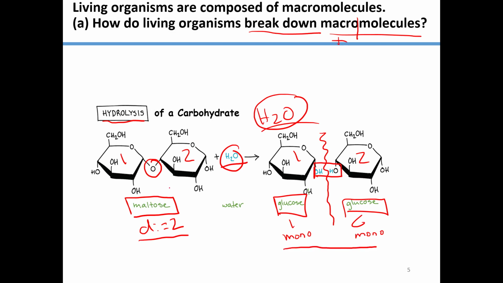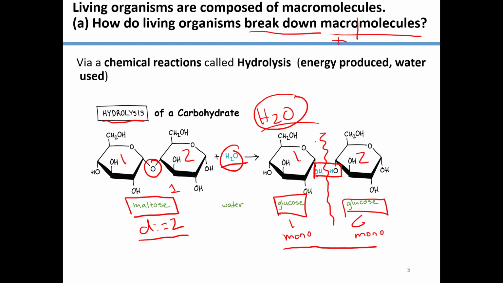So we went from one piece of maltose to two pieces of glucose. Okay, so again, this chemical reaction is going to be known as hydrolysis. This is where energy is produced, and water is going to be used in order to produce this. One way to remember this is hydrolysis sounds like hydro, which means water.